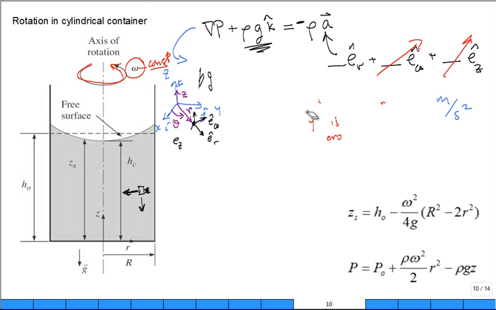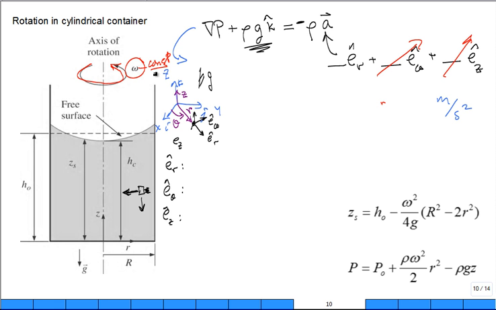So what happens is you take this vector equation and you bust it into 3 scalar equations, like i, j, k, but here it would be in the e sub r direction, e sub theta direction, and e sub z direction, true? So from the one vector equation, you get up to 3 scalar equations.